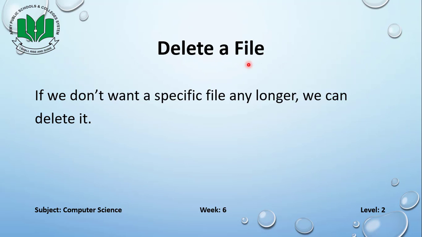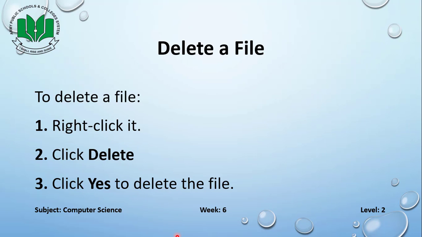Delete a file. If we don't want a specific file any longer, we can delete it. To delete a file, right click it, click delete, click yes to delete the file.